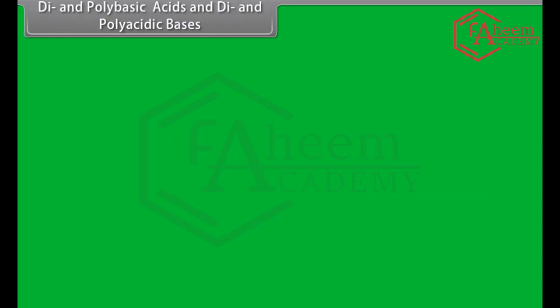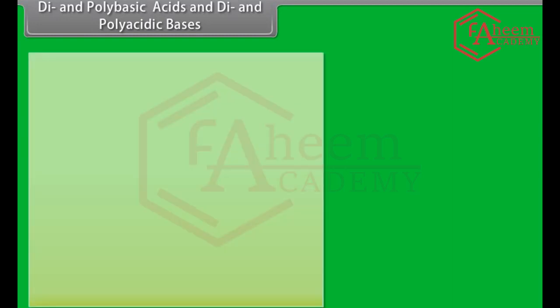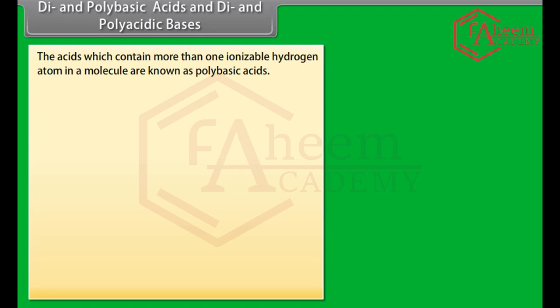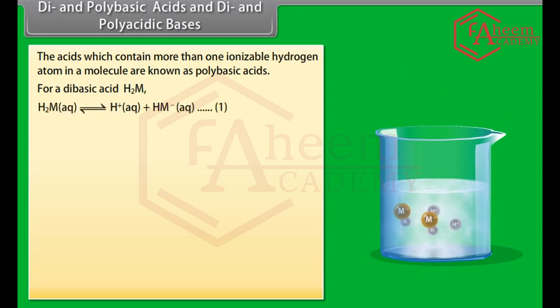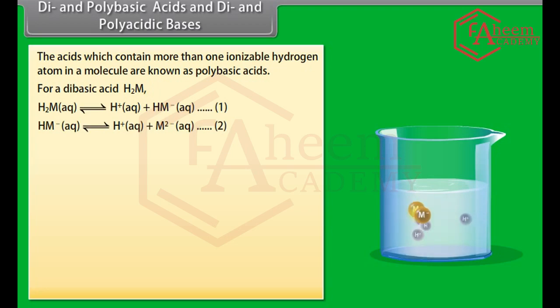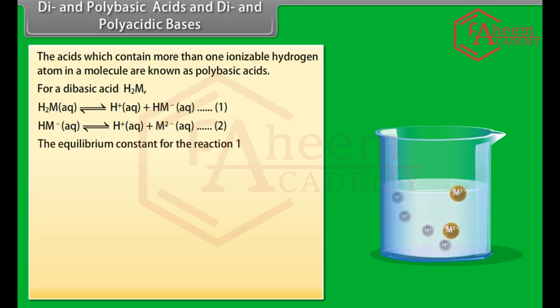Di- and polybasic acids and di- and polyacidic bases. The acids which contain more than one ionizable hydrogen atom in a molecule are known as polybasic acids. For a dibasic acid, H2M, name it as reaction 1 and reaction 2. The equilibrium constant for reaction 1, Ka1, is equal to H plus into HM minus by H2M.